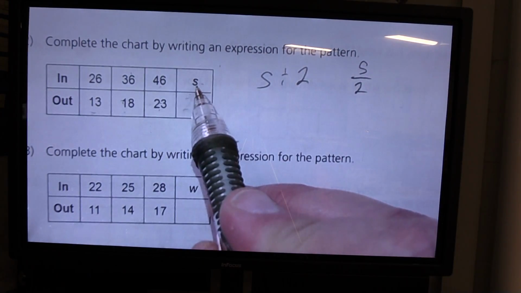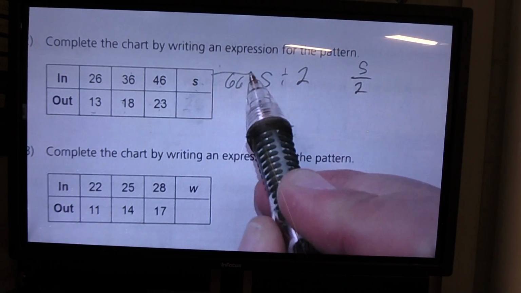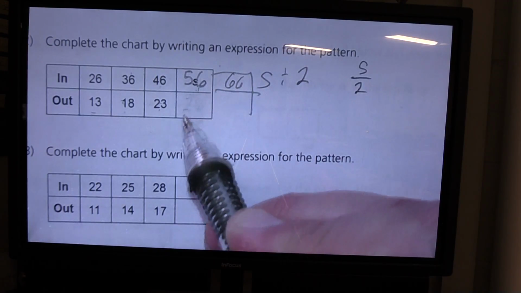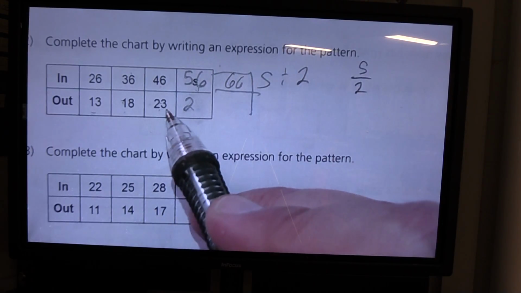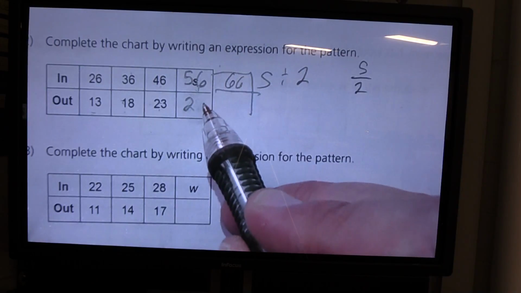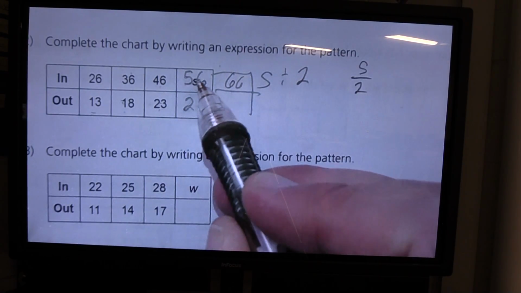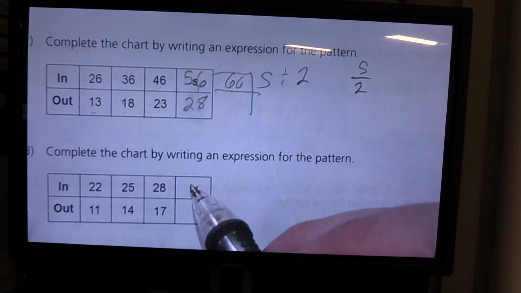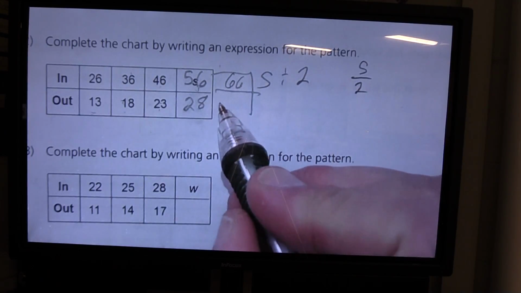Let's say that S is equal to 56. Because we already know that if this is 56, this is going to be 28, or we could say 56 divided by 2, of course, is 28. 66 divided by 2 equals what? 33. Say it again. 33.